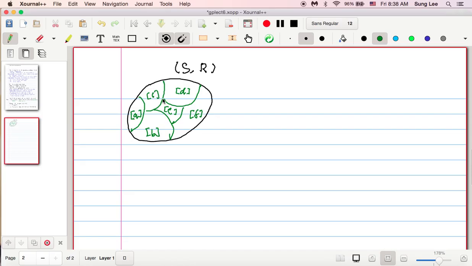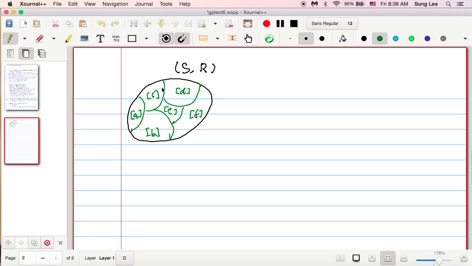But they all belong to these equivalence classes. Some of them could belong to the same equivalence class here. Some of them belong here. Some of them belong here. And any two equivalence classes, if they are not the same, they have to be disjoint.